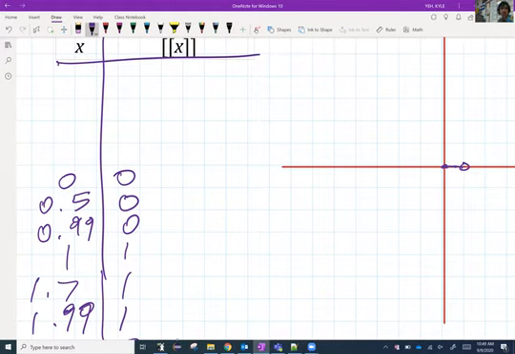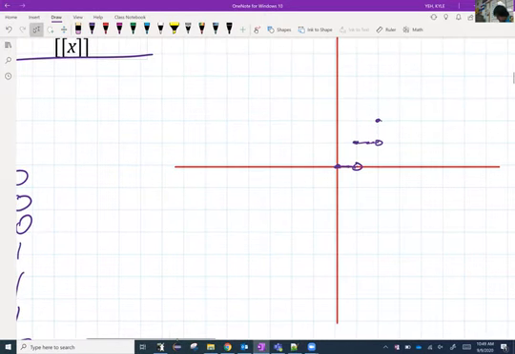I'm going to put an open dot on 1 to say we want to go all the way up until 1, but not actually 1. And then we jumped at 1, we jumped up to 1, and it stayed 1 until we got to 2. And then it jumped up to get 2. And we can see this pattern forming, and we don't have to make our table forever because we see it's going to keep jumping by 1, last for 1 unit in the x direction, and then jump.